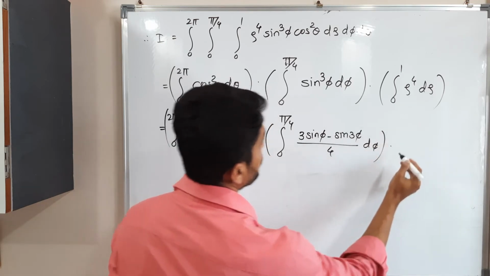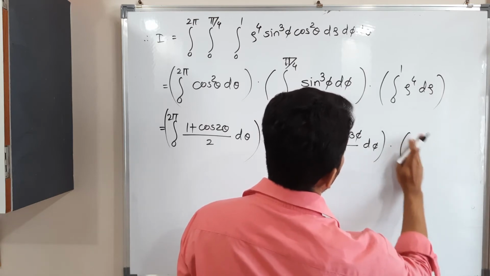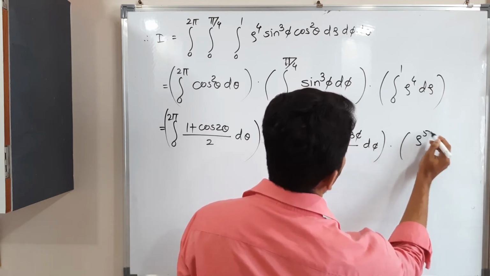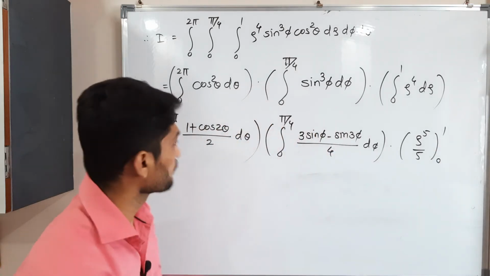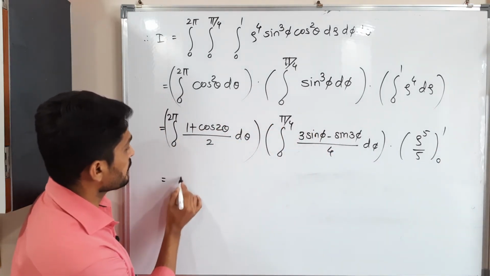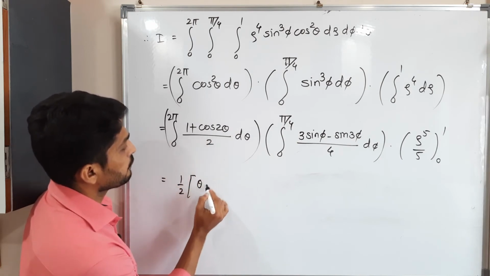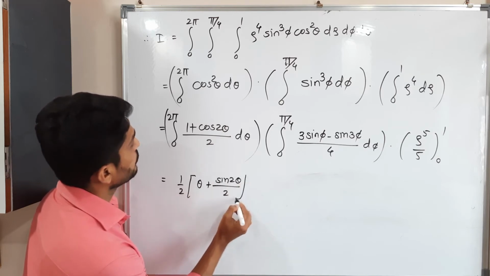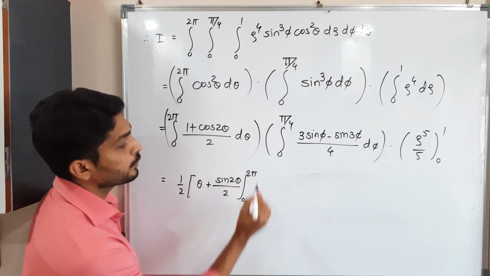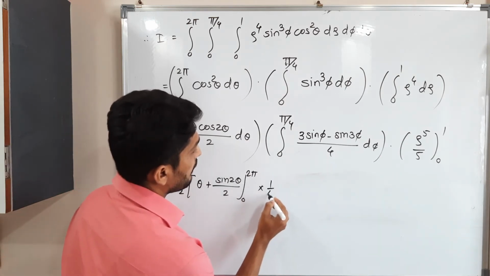Integration of rho raised to 4 is rho raised to 5 by 5, having limits 0 to 1. Okay, 1 by 2 is constant, will come outside. Integration of 1 is theta, integration of cos 2 theta is sine 2 theta divided by 2, having limits 0 to 2 pi. 1 by 4 is constant, will come outside.